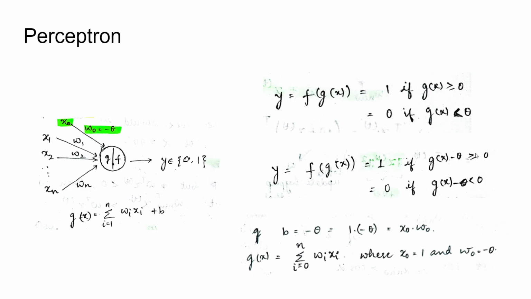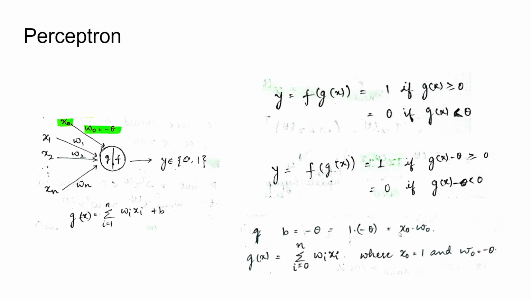So you can also see that here we are just making a decision based on the sign of this function, right? If the sign of the function is positive, then we are assigning it a value of 1. If it is negative, we are assigning it a value of 0, right? If you take theta here to be 0, then it's simply a sign based decision. And considering these two equations to be the same, you can see that b is here nothing but minus theta.